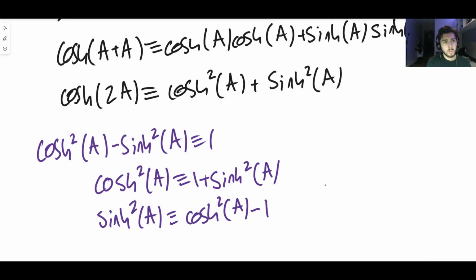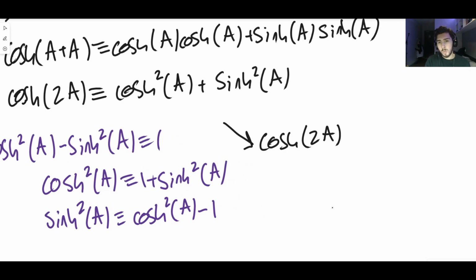So using those 2 facts, we can take our cosh 2a identity, and depending on which one you want to use, cosh 2a is also identical to, replacing the cosh squared a with 1 plus sinh squared a, 1 plus 2 sinh squared a.